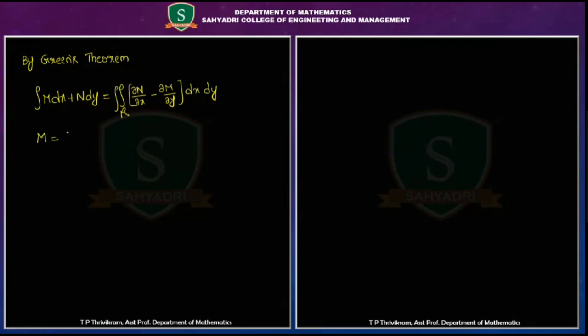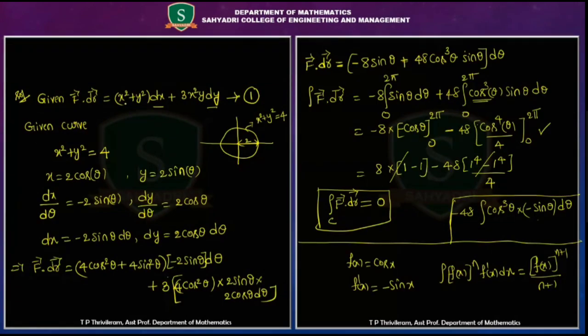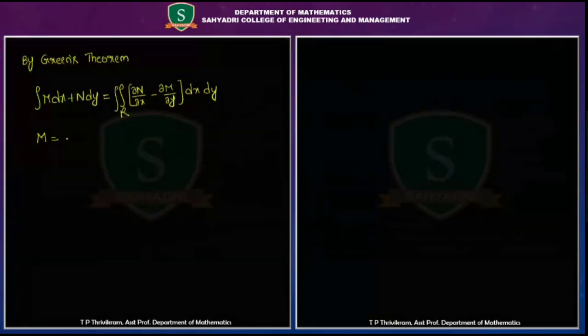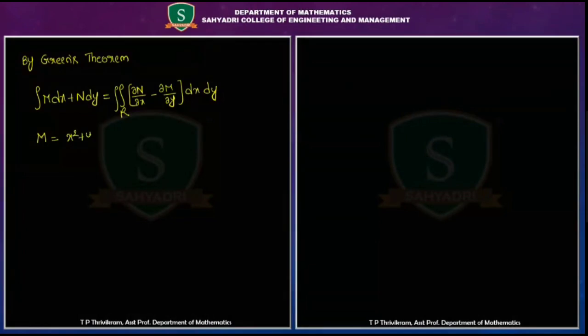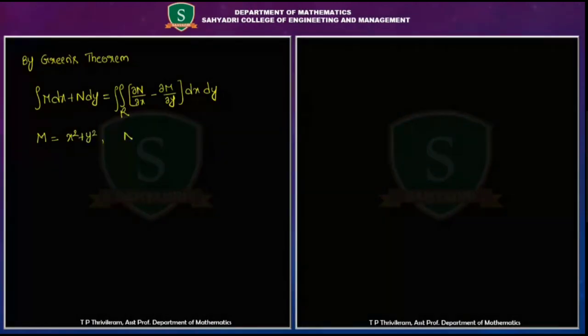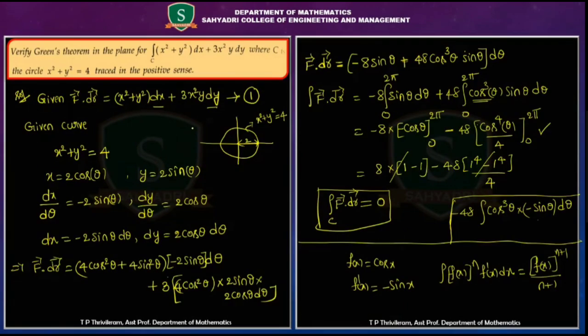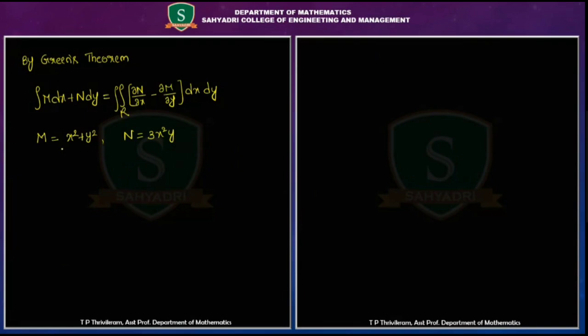So M is the dx coefficient in equation 1, which is x square plus y square. Next, N value is 3x square y, the dy coefficient. So dou M by dou y is equal to 2y. Next, dou N by dou x is equal to 6xy.